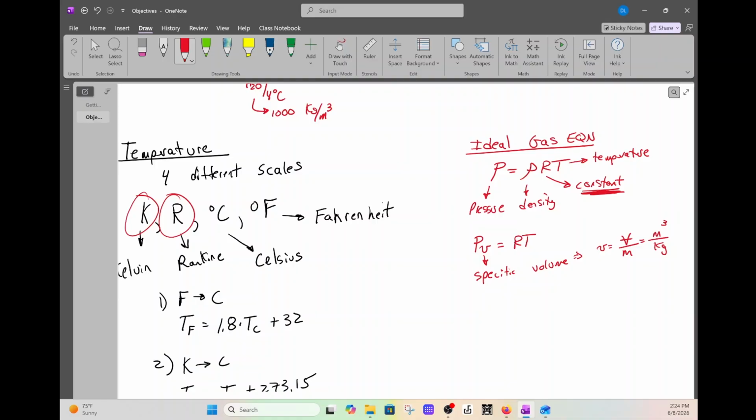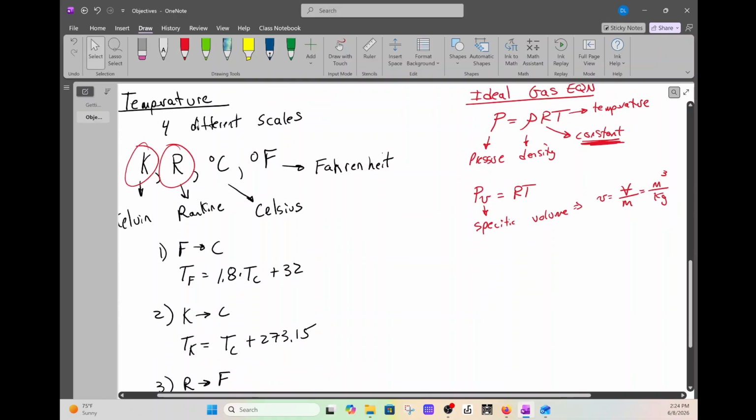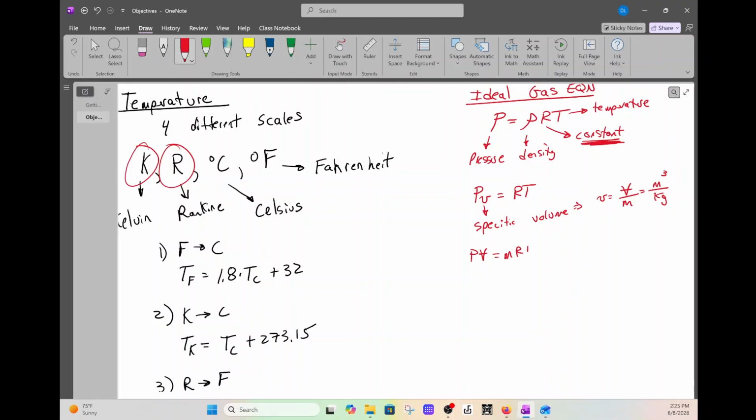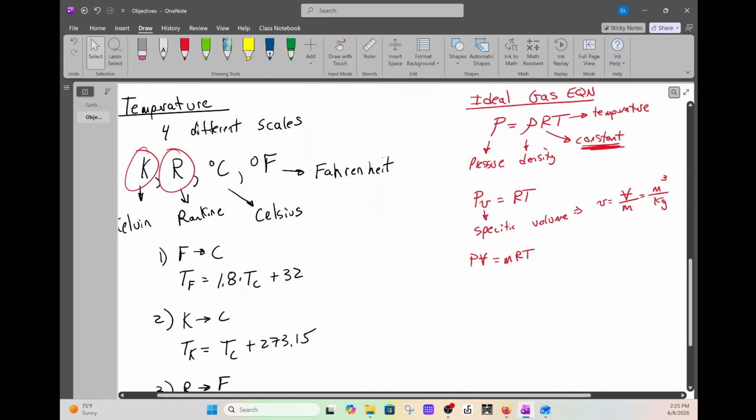So you can have specific volume, you can have specific enthalpy, other values, but we're not going to get into that right now. Okay. And then there should be one more that's commonly used, which basically I just changed density into mass over volume, and I brought the volume.